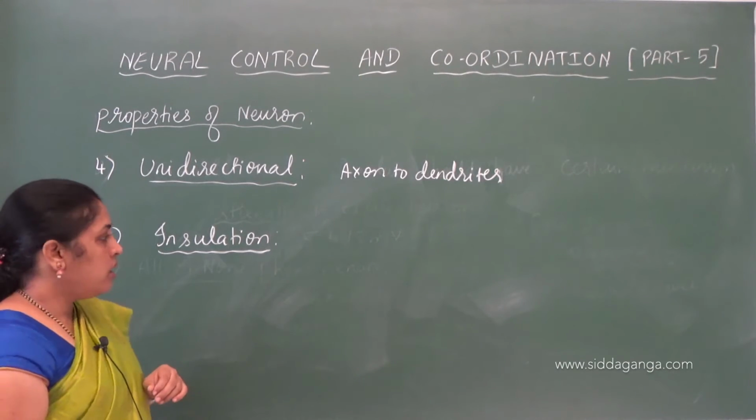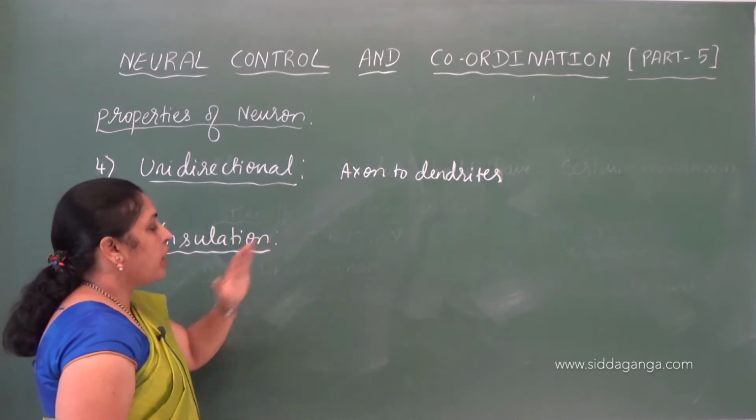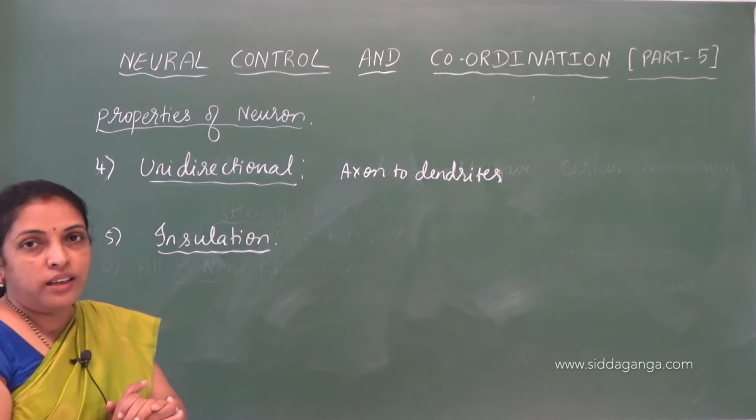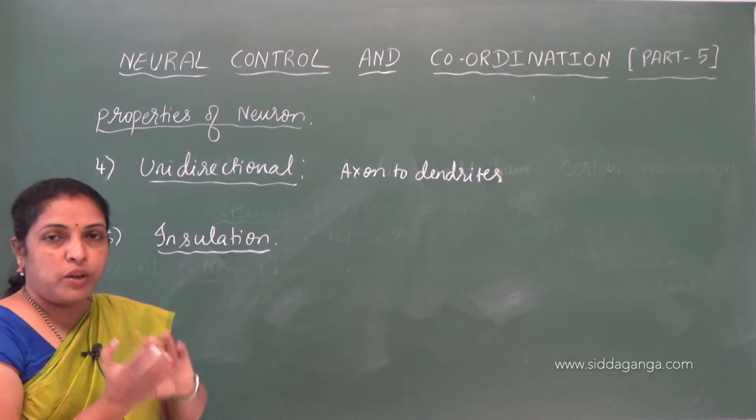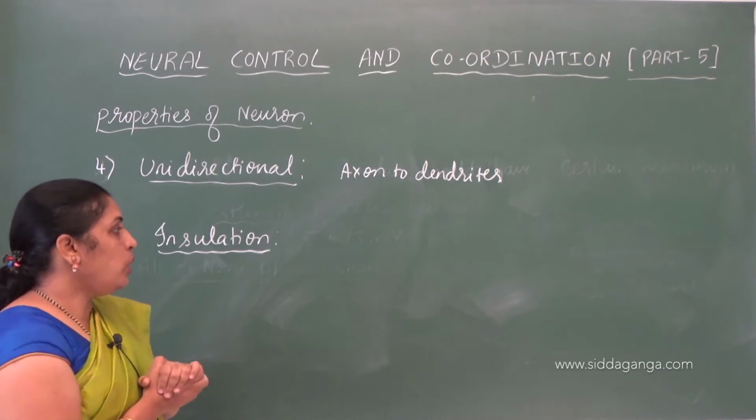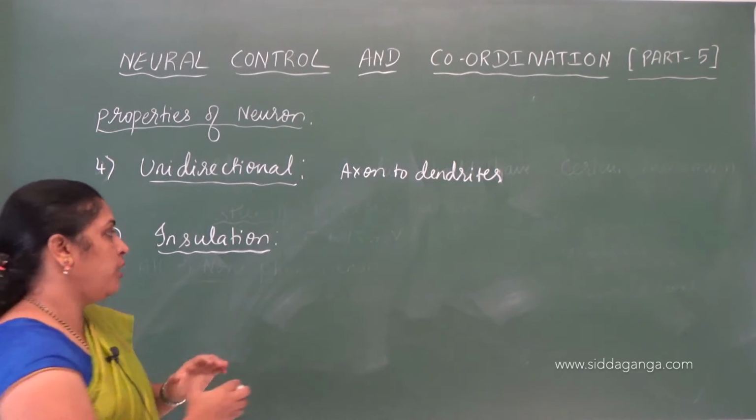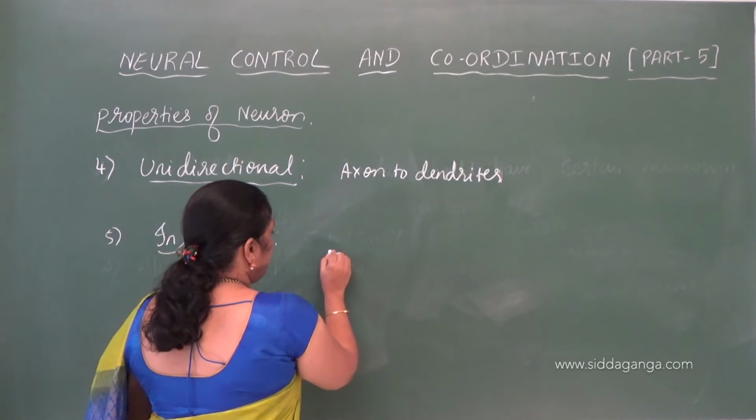Insulation means the ions are not able to leak from the neurons because they are insulated by myelin sheath.